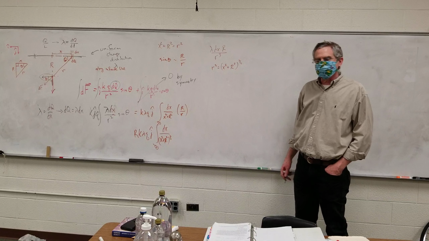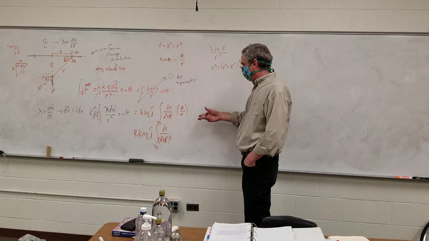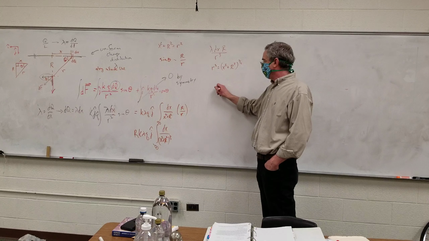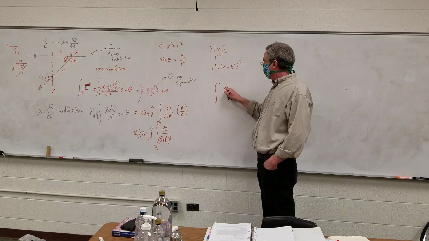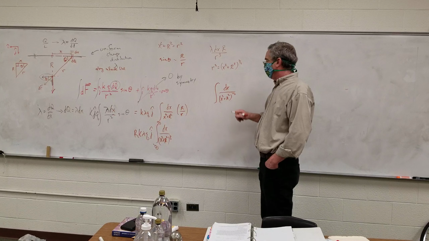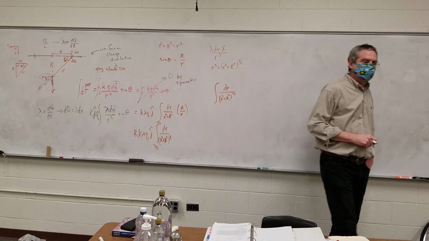So now it's just a simple little calculus problem. Just look at the calculus piece of it. Integral of dx over x squared plus r squared to the 3 halves.